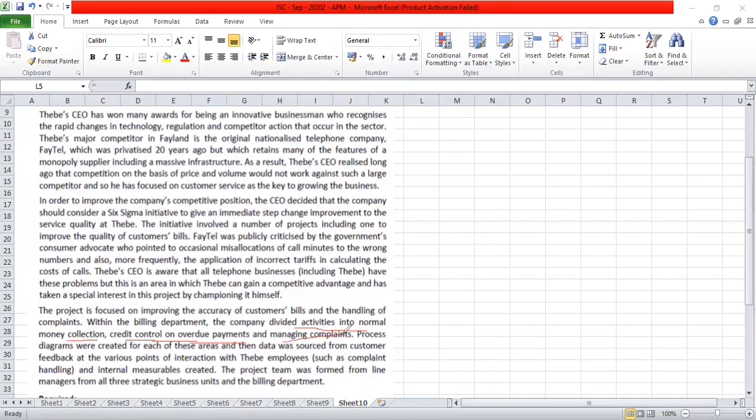For each of these activities, process diagrams were created, and then data was sourced from customer feedback. So their plan of action includes identifying the areas where they want to focus. That is divided into three areas: normal money collection, credit control on overdue payment, and managing complaints. They have process diagrams in place for how they would be handling that.